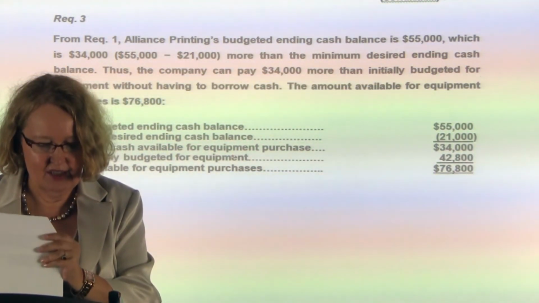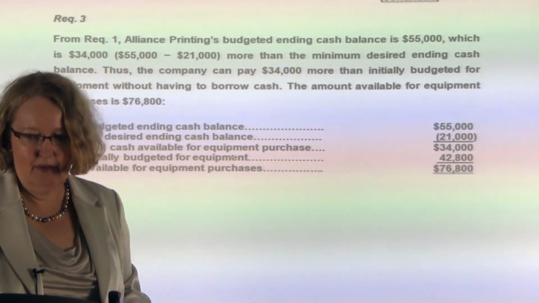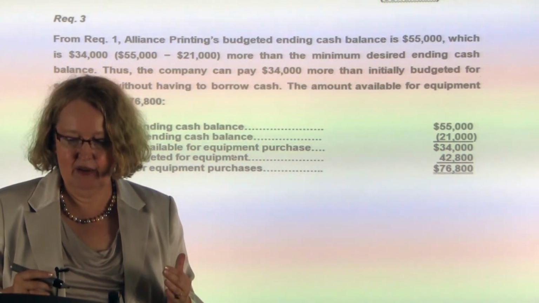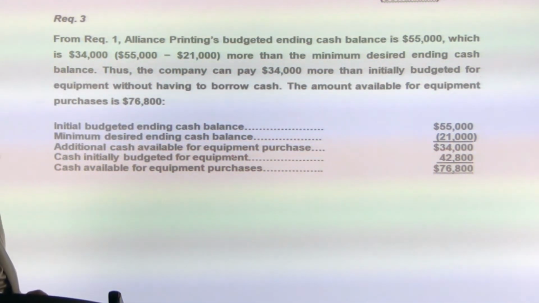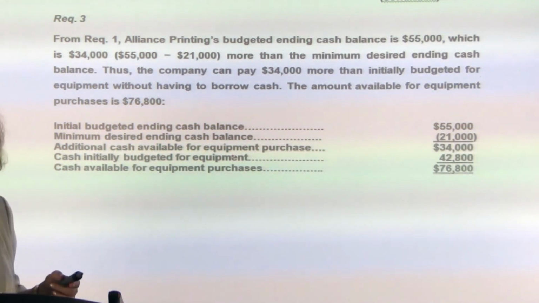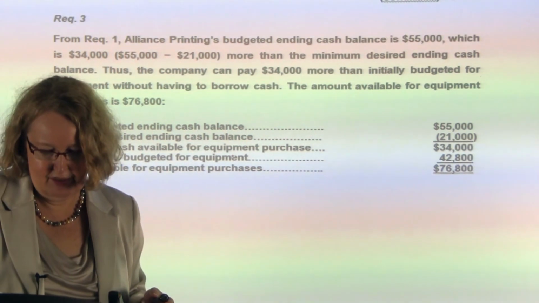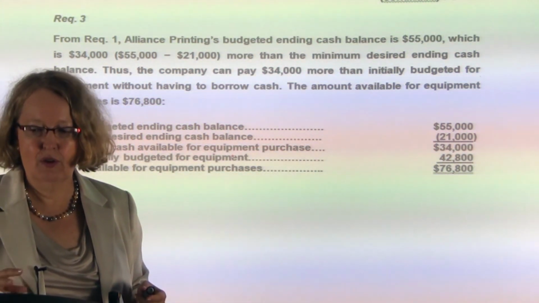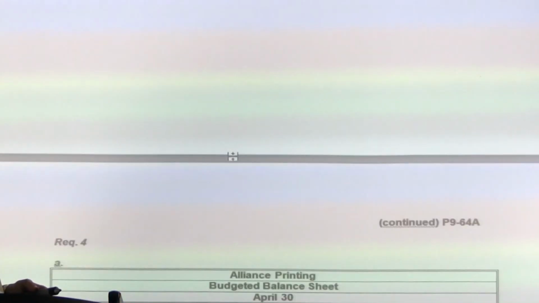So with the next scenario, part 4, it's basically a replication of what we just did. The idea here with part 4 is you're just assuming that your sales, instead of being 90,000, are only going to be 60,000. So you would basically go through all of the schedules and change all of the numbers.